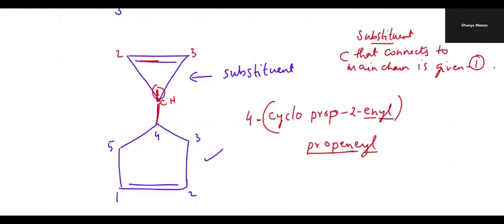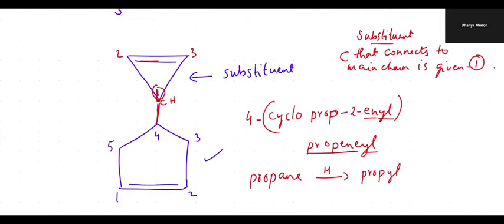That is why yl group. If I am removing one hydrogen, it becomes propyl group. So same thing I have written propyl, and because there is a double bond, ene also I am including. So propenyl group.